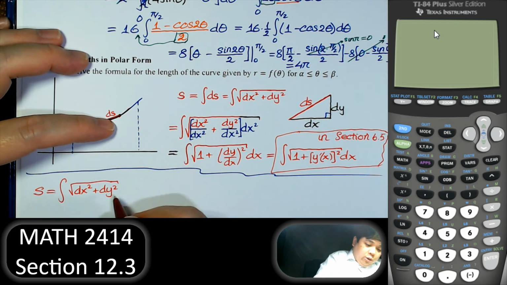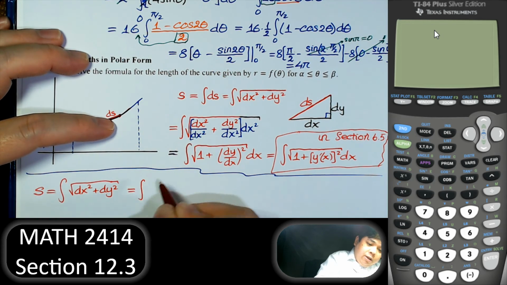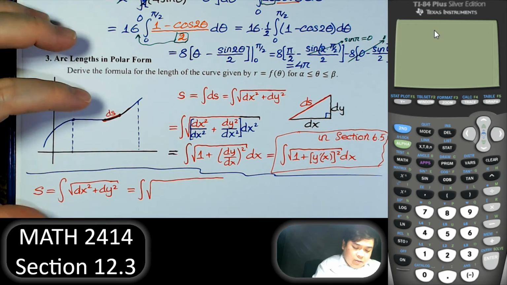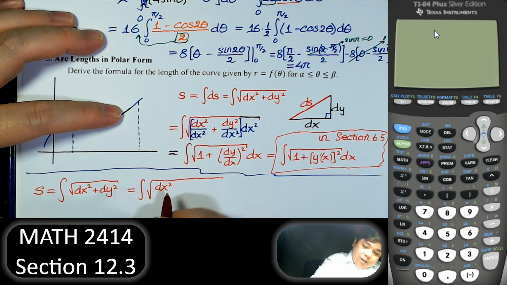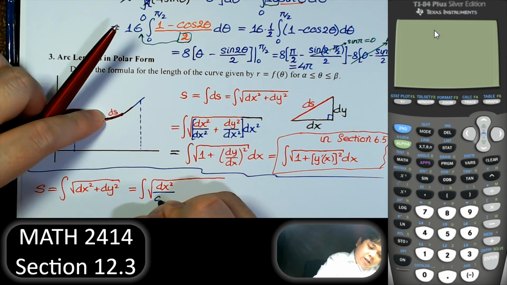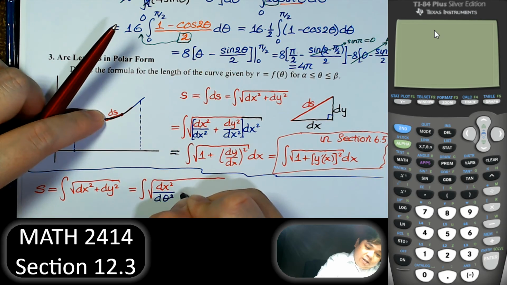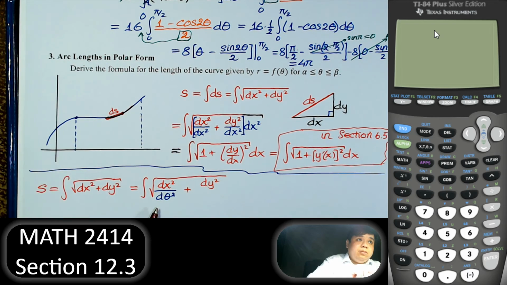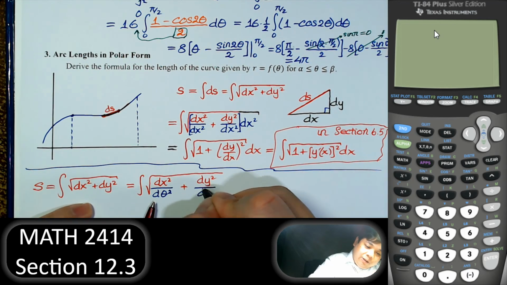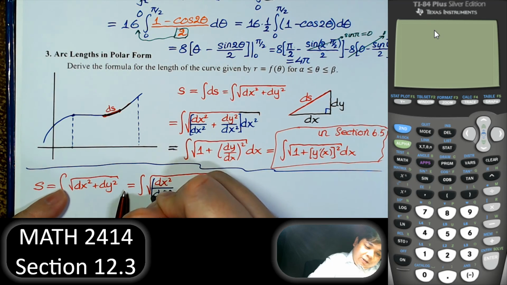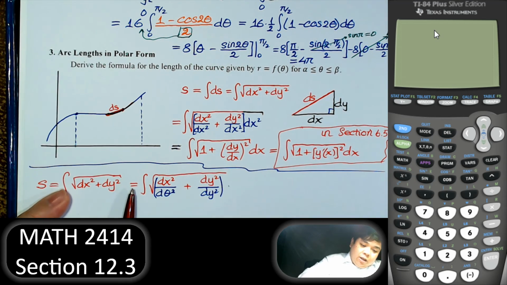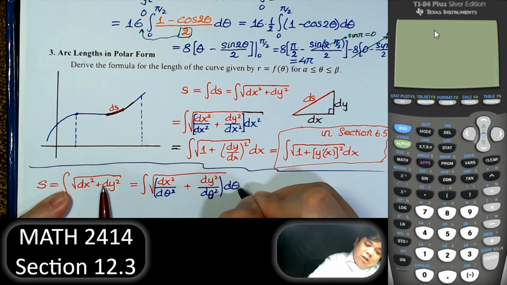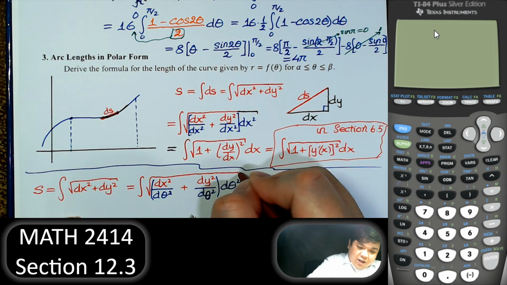Now instead of doing that, we will multiply and divide by d theta square and then multiply by d theta square, and take the d theta outside.